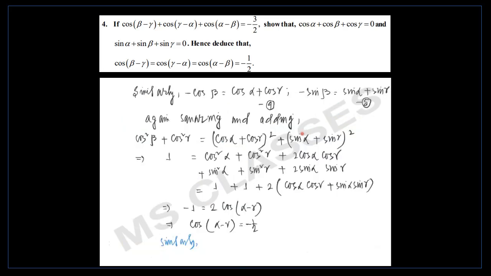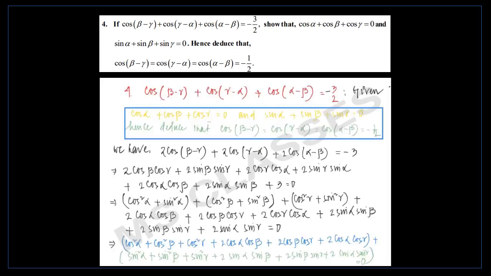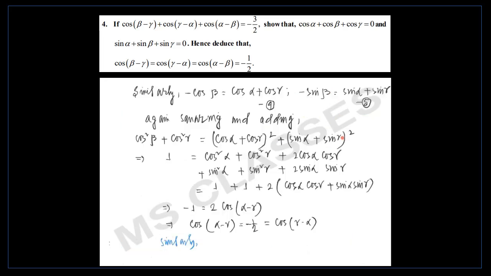Why? Because cos of minus theta is cos theta. So this one we can write as cos of gamma minus alpha also. So similarly, the last part is what? Cos of alpha minus beta. That also you can find the same way. So we will write just similarly cos of alpha minus beta equal to minus half.